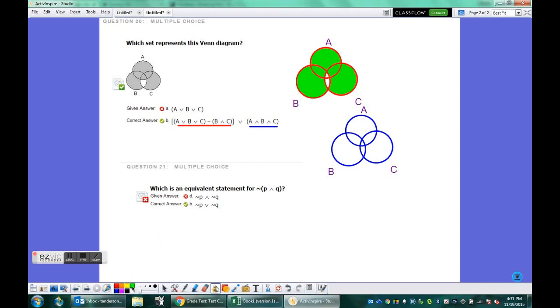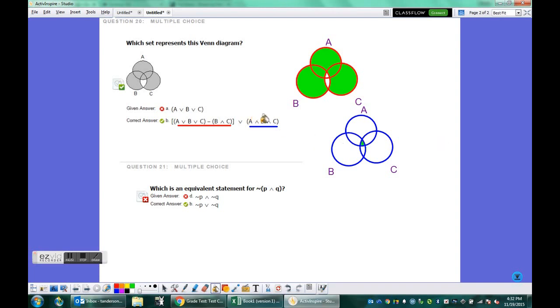Okay, so if I look, I've got A and B and C. So the only spot where I'm in all 3 circles is right at the center there.